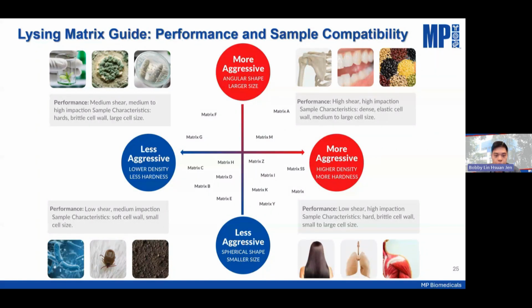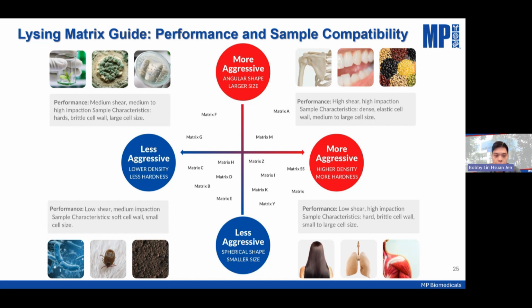Okay, and for softer tissues or cells, we look at the third quadrant, which is the bottom left. They are typically lower in density, and less hard than bones or teeth. The beads come in a spherical shape, such as glass, and also in smaller sizes.